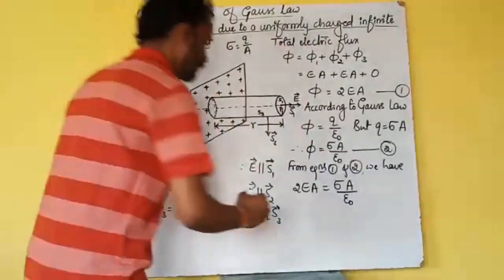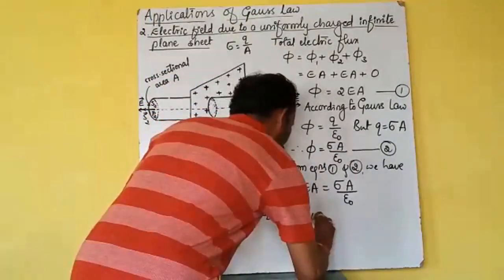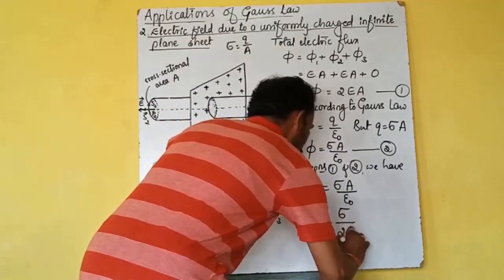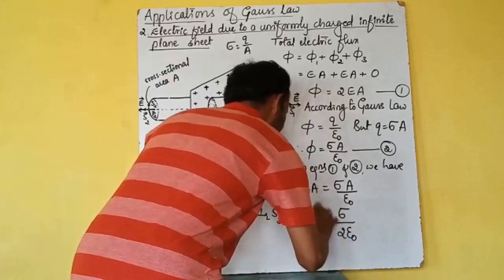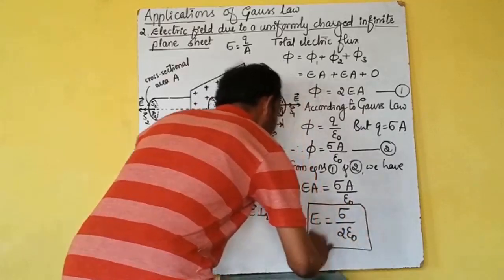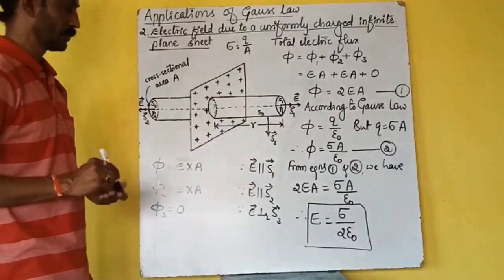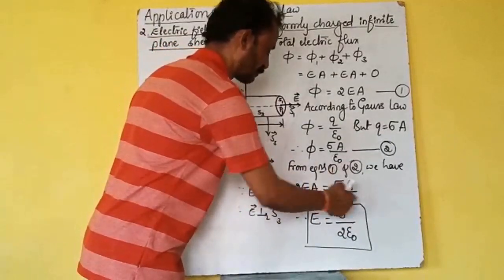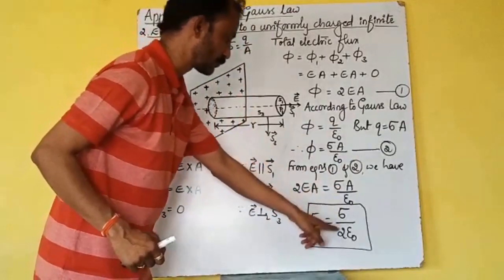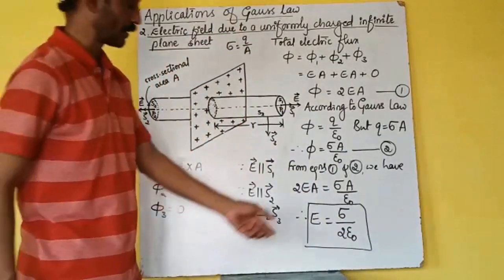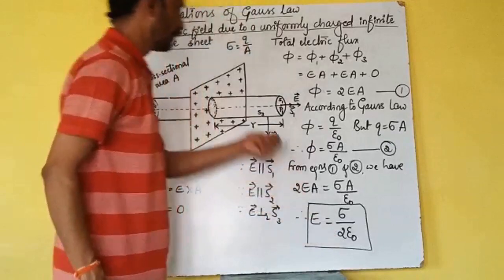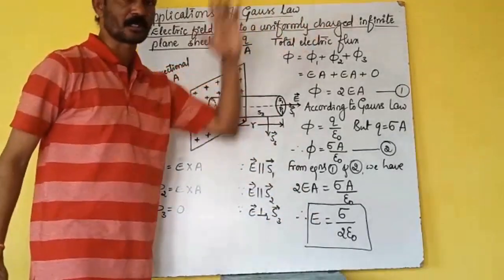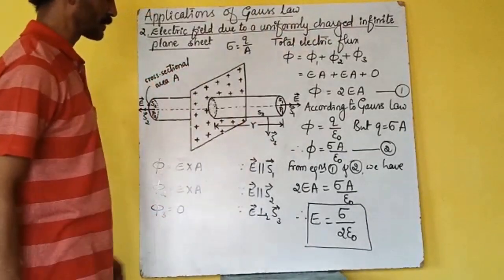A gets cancelled, therefore cross multiplying, E is equal to sigma divided by 2 epsilon naught. This is the electric field at any point due to a uniformly charged infinite plane sheet.